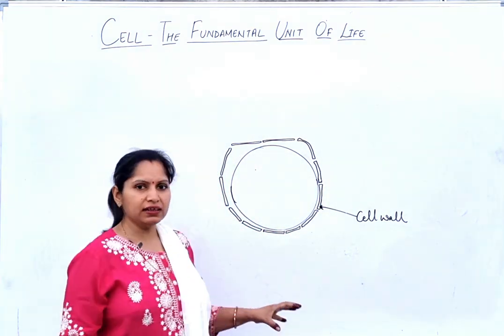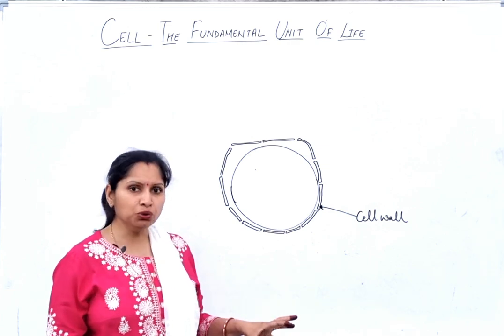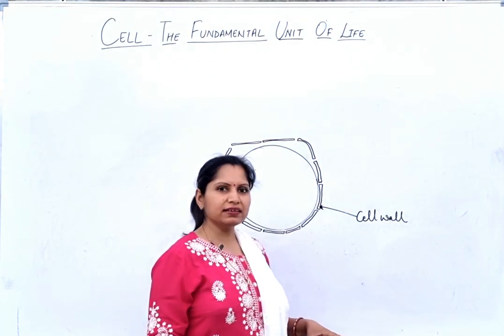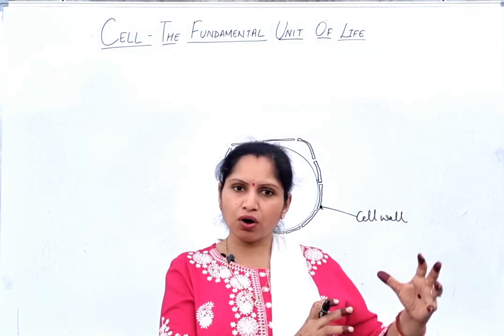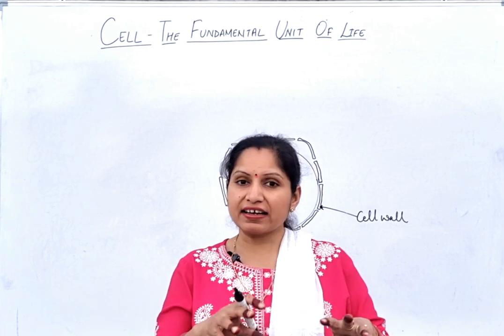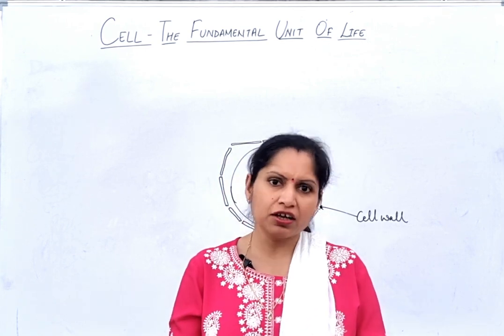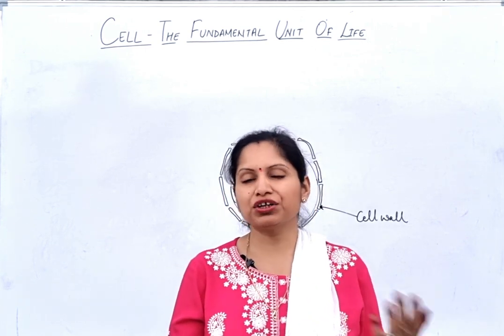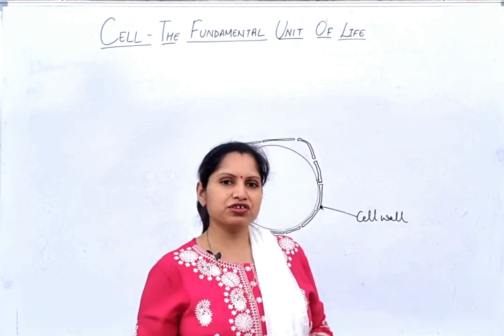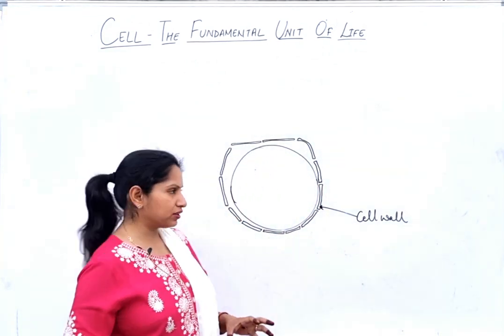In the cell, there is a nucleus present, and in case of a plant cell, this nucleus is at one corner, and in case of an animal cell, this nucleus is at the center of the cell. We'll learn in the next video why in a plant cell it's at one corner, but right now just learn about the structure of the nucleus.